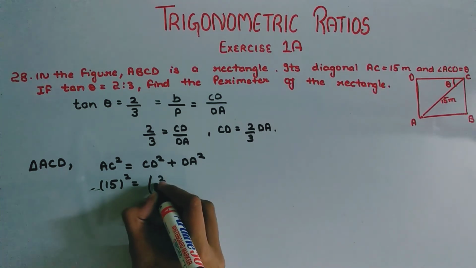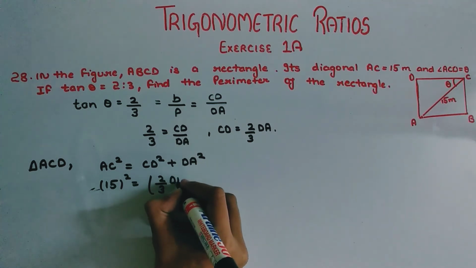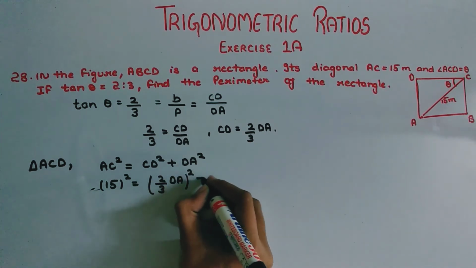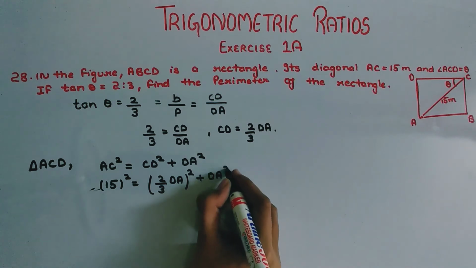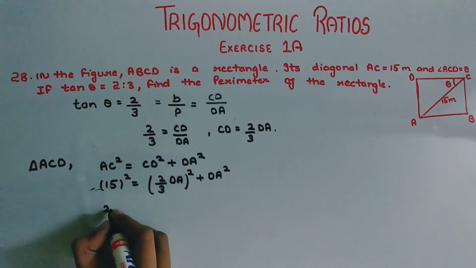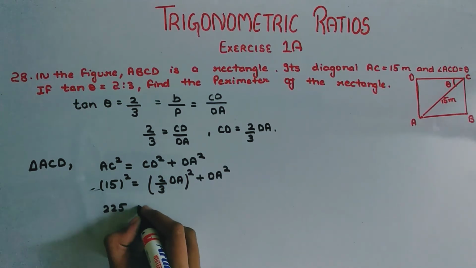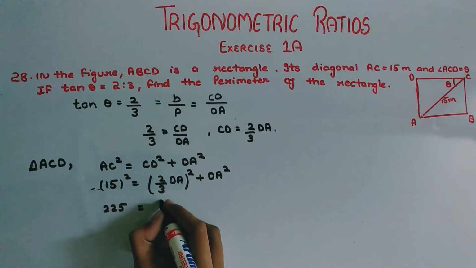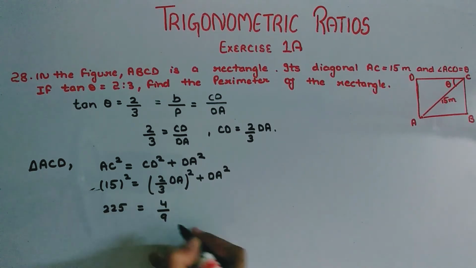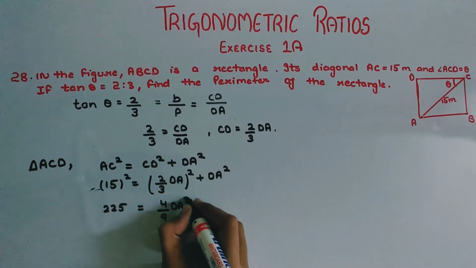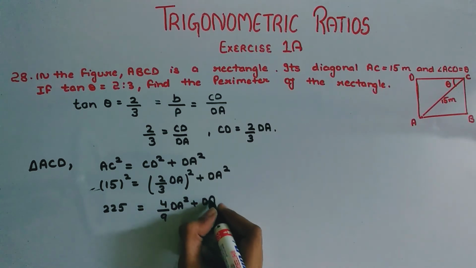We will put the value of CD, 2 by 3 multiplied by DA whole square plus DA square. 15 square we have 225, that is equal to 2 square 4, 3 square 9, DA square plus DA square.